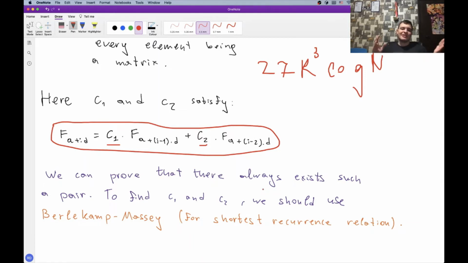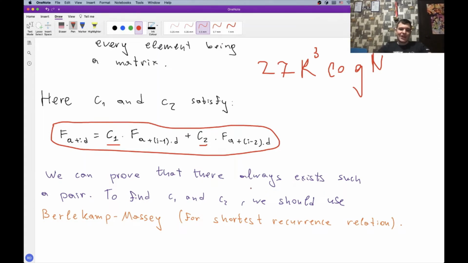Berlekamp-Massey just finds the shortest such recursive relation. And if your sequence has length n, it will work in n multiplied by the minimum, where the minimum is the smallest length of such a recursive relation.